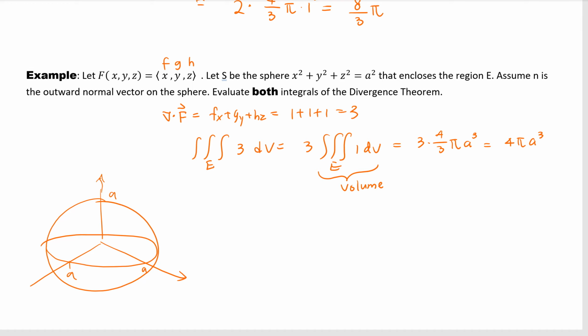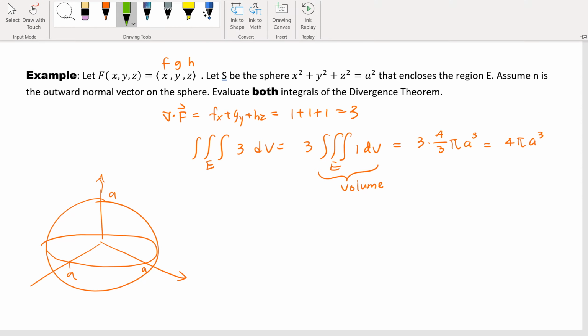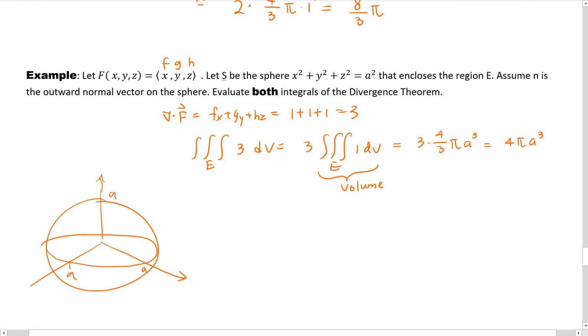Next, when we compute the flux integral, the surface integral, this is going to be the harder part. And let's see here. First, what is the parameterization for the sphere? We let u be the angle phi and let v be the angle theta.